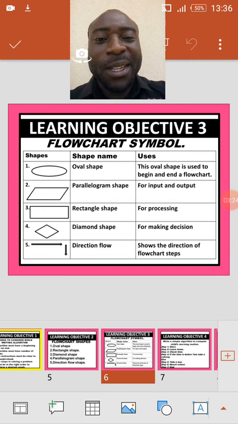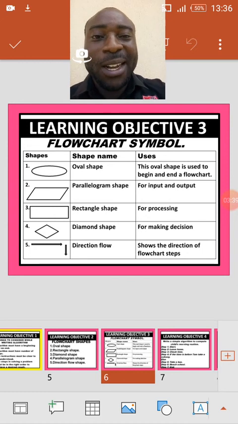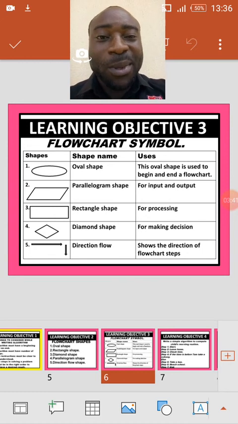So let's look at the shapes and what they are used for. The first one, oval shape, is used to begin and to end a flowchart, while the second one, parallelogram, is for input and output. Input means where you enter your data, and output, how to get the result out.